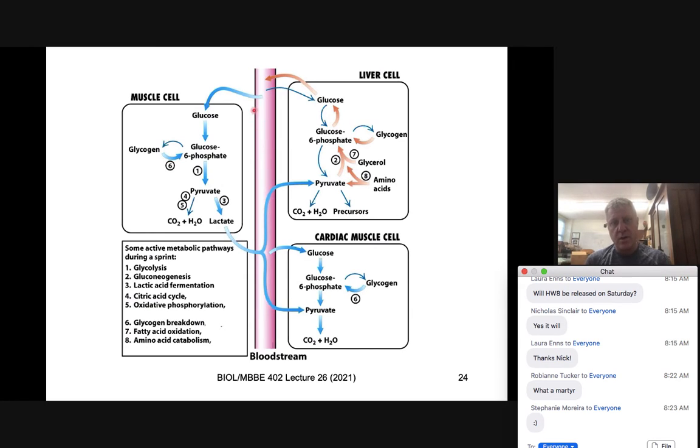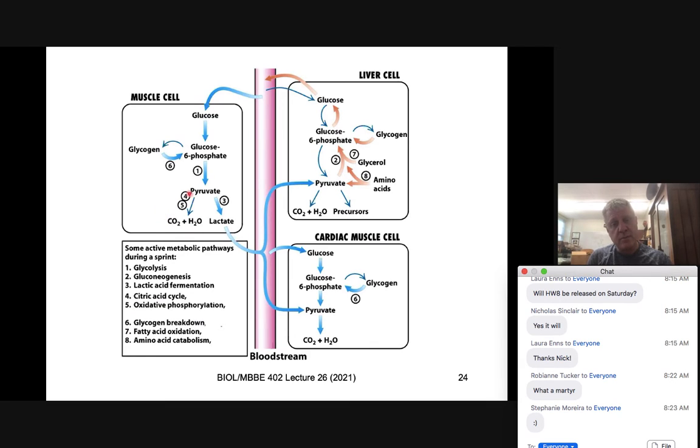That can then be utilized by the cells in the muscle in particular, which will make glucose 6-phosphate and pyruvate, to then go full metabolism, making lots of NADH and FADH2, which will ultimately produce tons of ATP, but only if there is oxygen available.